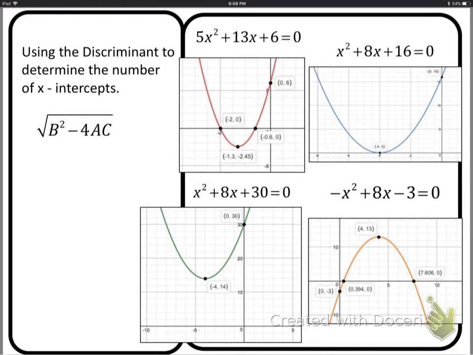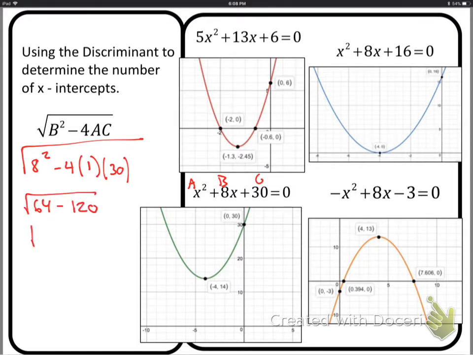The bottom left one, here's my A, here's my B, here's my C. So B is 8 squared minus 4 times A times C. This was 64 minus 120 when you simplify it out. And at the end, we got that it was the square root of a negative number.